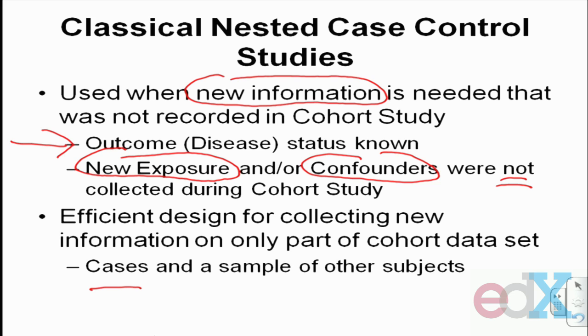Well, first of all, the people who got disease. You want to know whether they had factor X or whether they had some unknown exposure, some new exposure we want to study now. And instead of collecting on everybody else in the original cohort, let's just collect it on a sample, the controls that we're enrolling in our case control study.